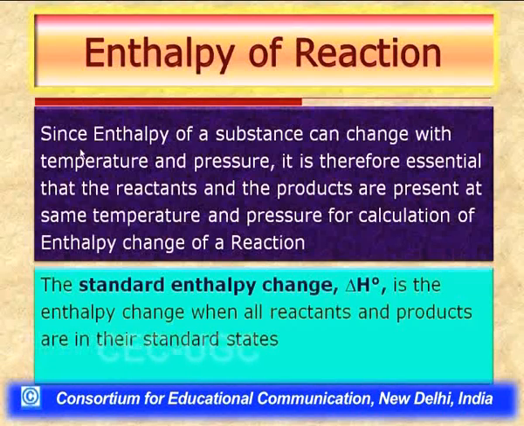Now, again consider the fact that since the enthalpy of a substance can change with temperature and pressure, it is important that the reactants and products should be specified at a definite temperature if we want to consider the enthalpy change.